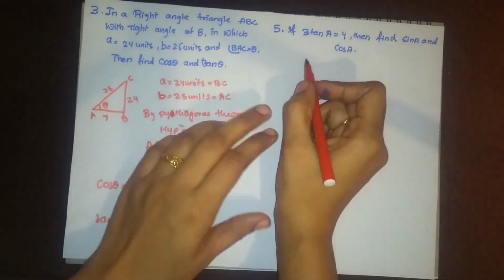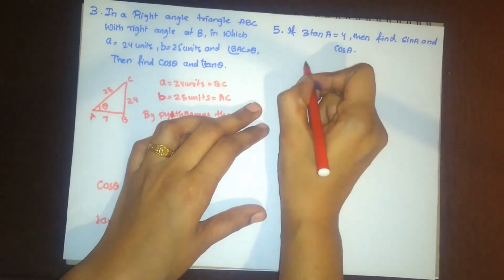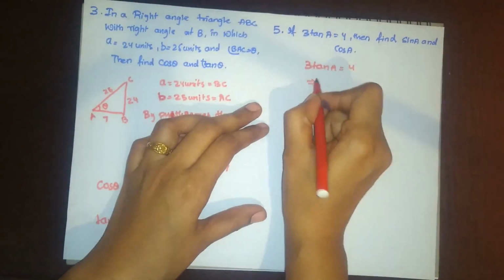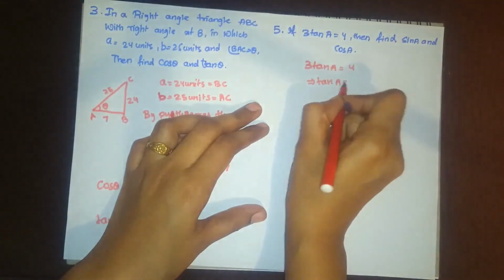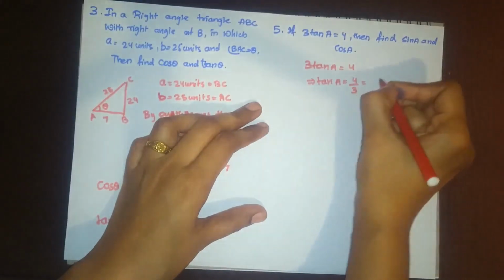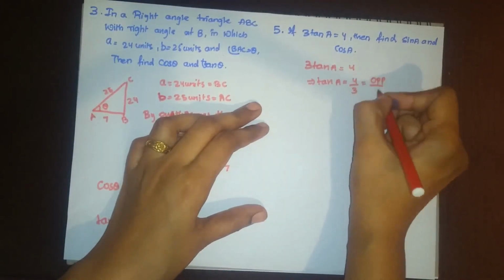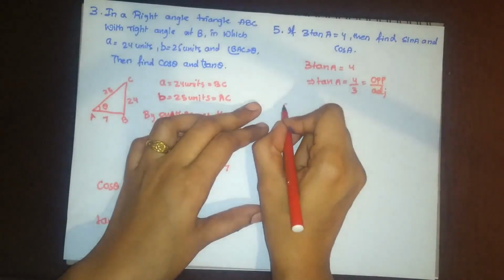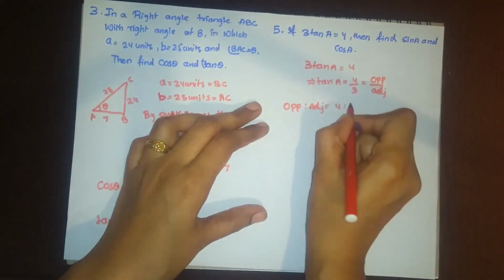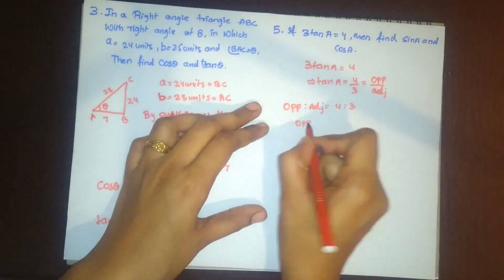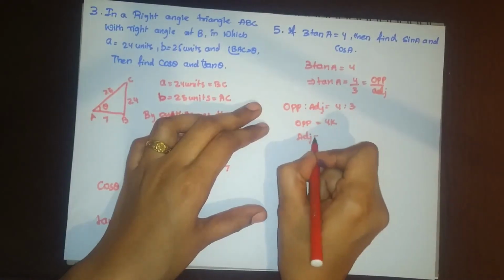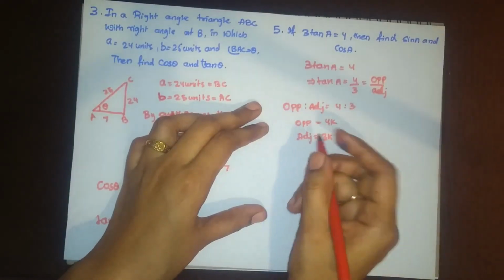It is given that 3 tan A is equal to 4, which implies that tan A is equal to 4 by 3. What is tan A? It is opposite by adjacent. The opposite to adjacent ratio is given as 4:3. By considering a constant multiple, we get opposite as 4k and adjacent as 3k.